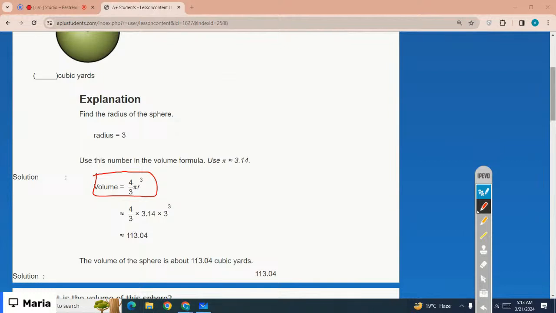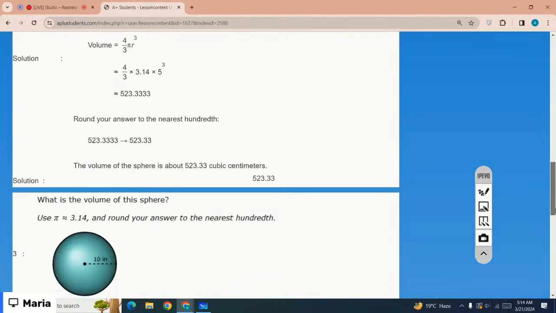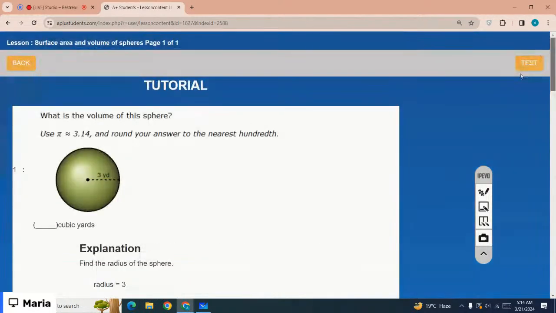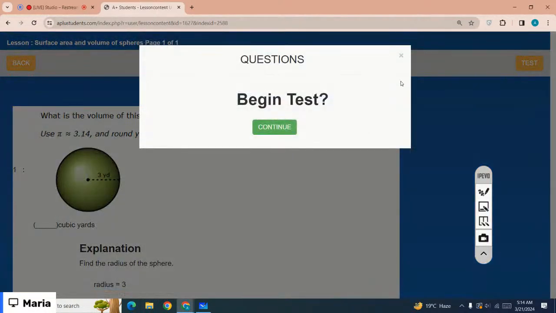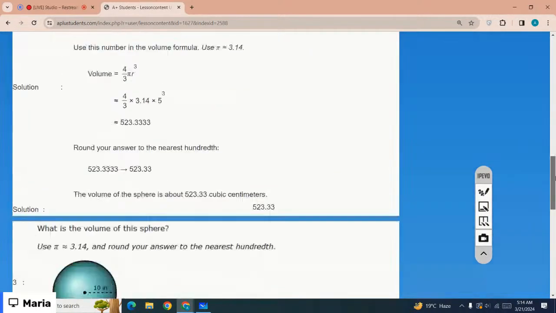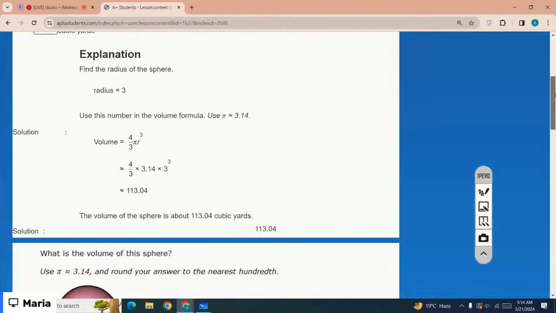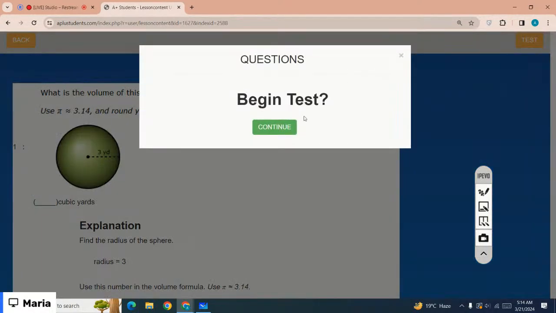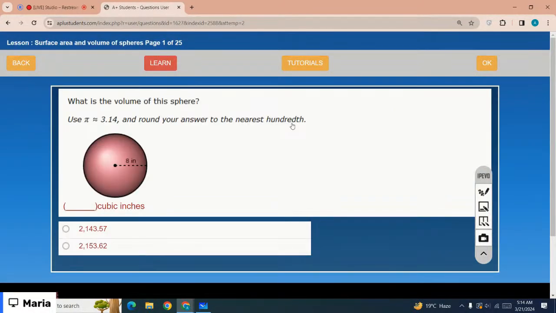So you have to use the formula that is V equals 4 by 3 pi r cube. You have to put all the values in the formula and just do the calculation. Okay, let's just start with the test questions. What is the volume of the sphere?